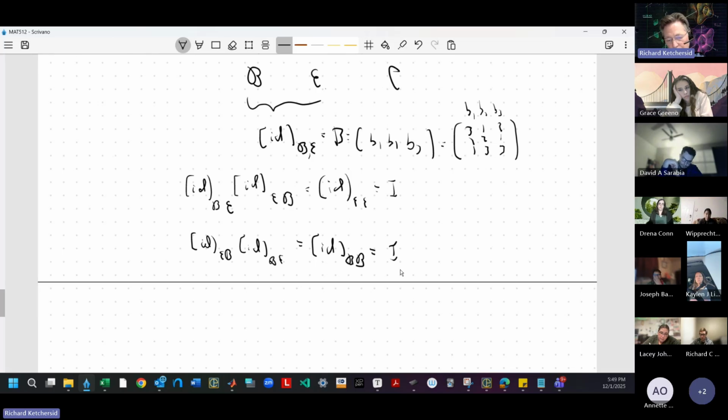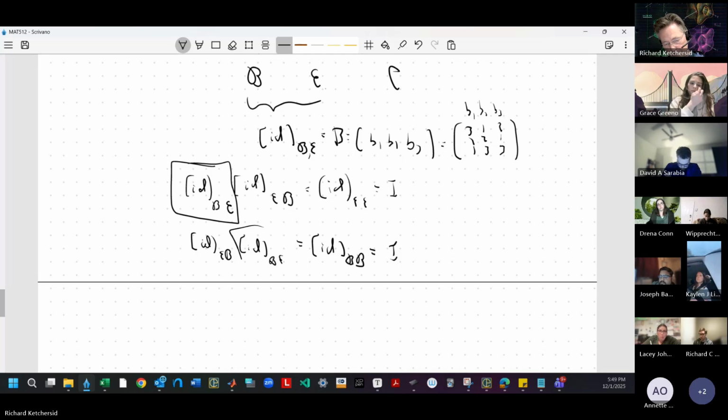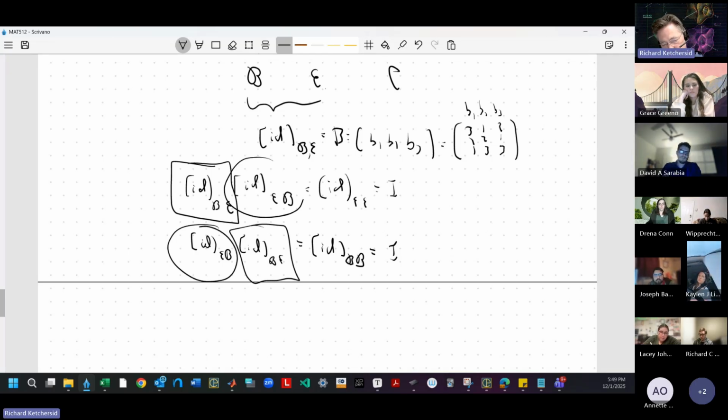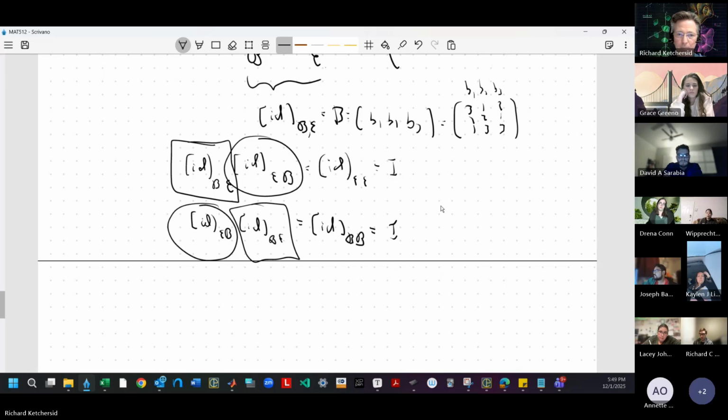Okay, now we know this one. And this other one we don't know, but we want to know what it behaves like. I have a matrix times a matrix is I, and if I flip them around, I have the same thing.